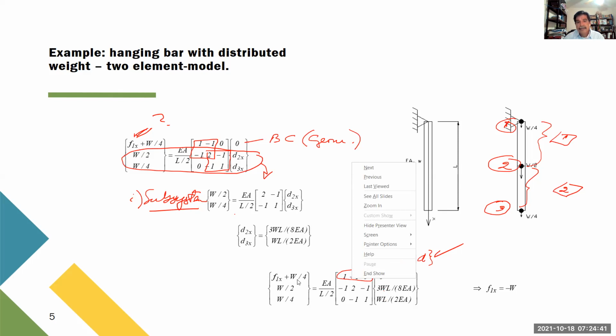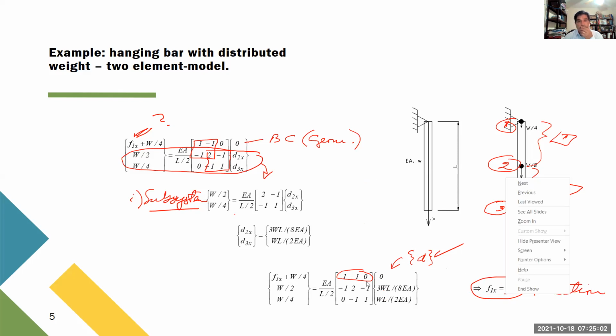In here, I have 1/4 of the weight here, and the reaction that we try to determine. And from here, we can calculate the reaction. This is the reaction. And it's correct again. Okay? We can go on.